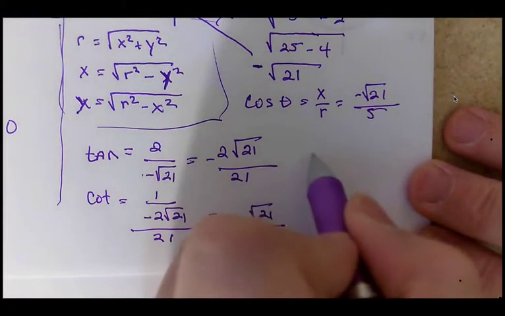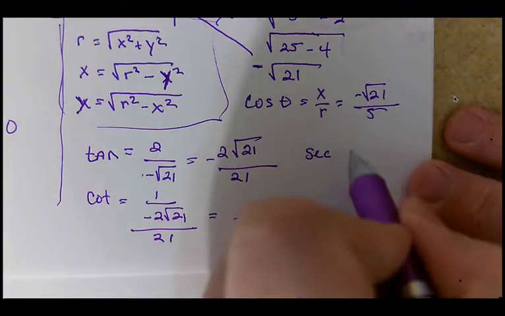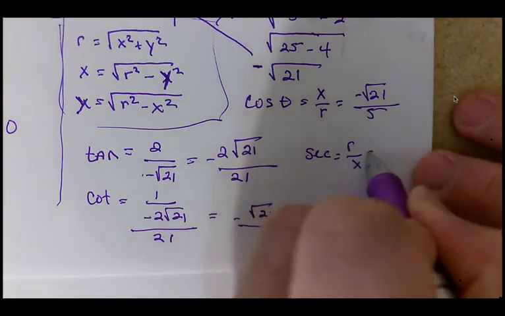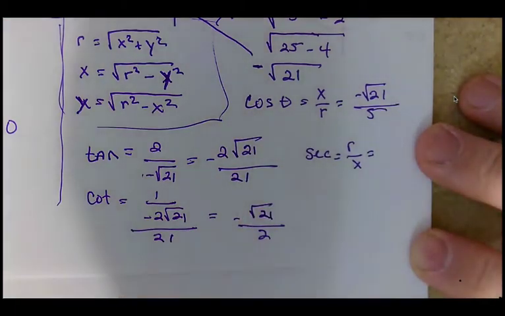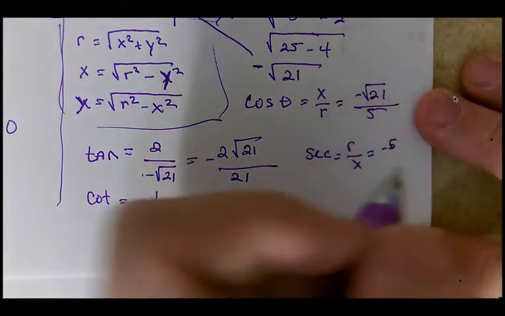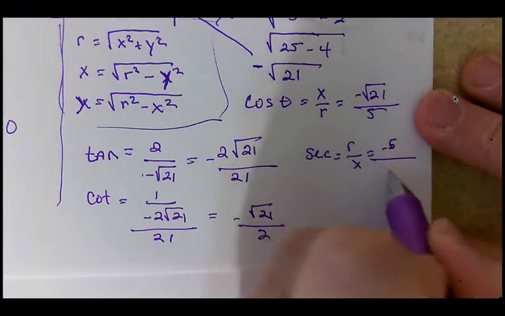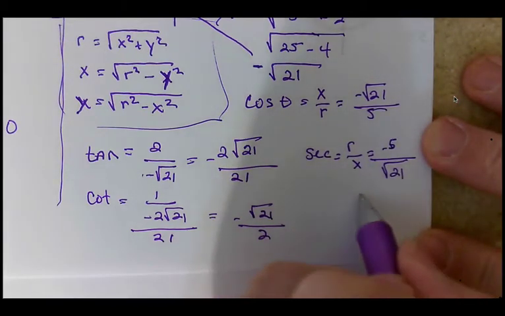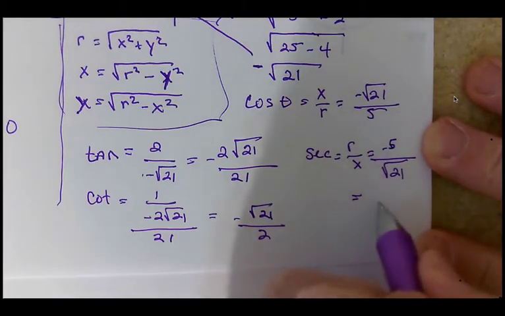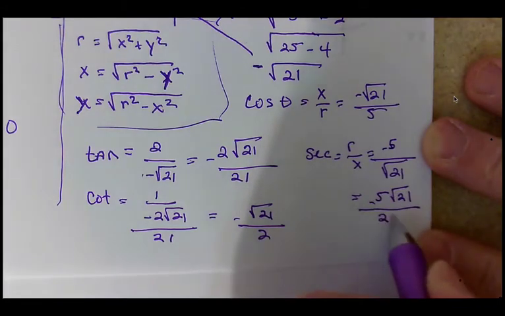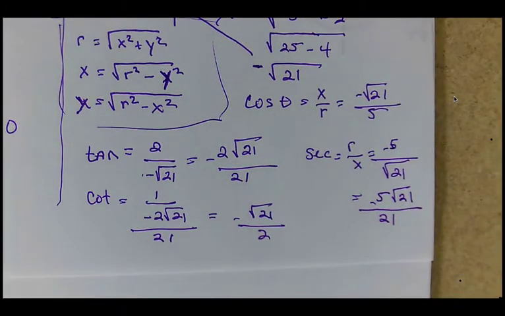And then last but not least, secant, which is equal to r over x, which is negative 5 over the square root of 21. Remove the radical from the bottom, and we have negative 5 square root of 21 over 21. And that is my final solution for all 6 trig functions.